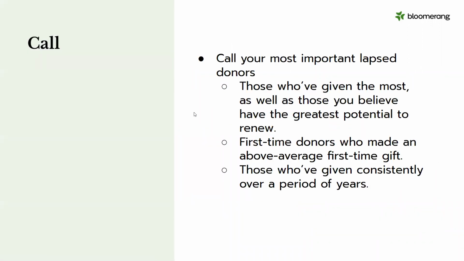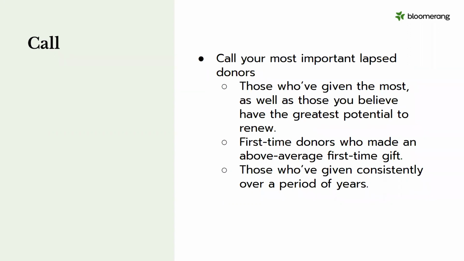So with that, the first thing that we want to take a look at is to prioritize customers you want to give a phone call to. Call your most important lapsed donors. So this can be those who've given the most, as well as those you believe have the greatest potential to renew.